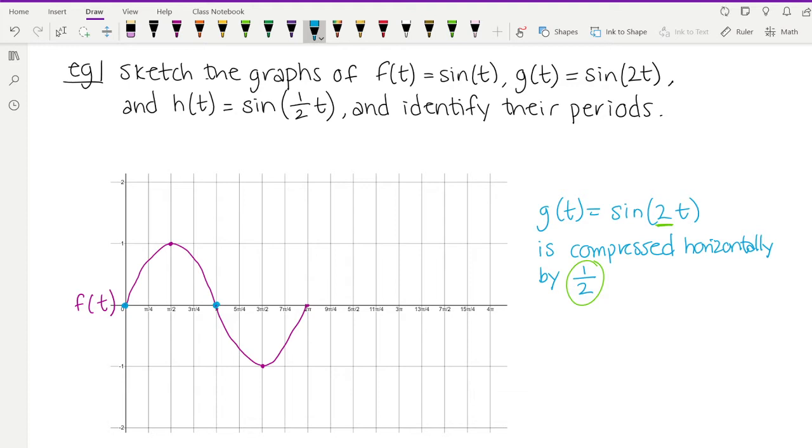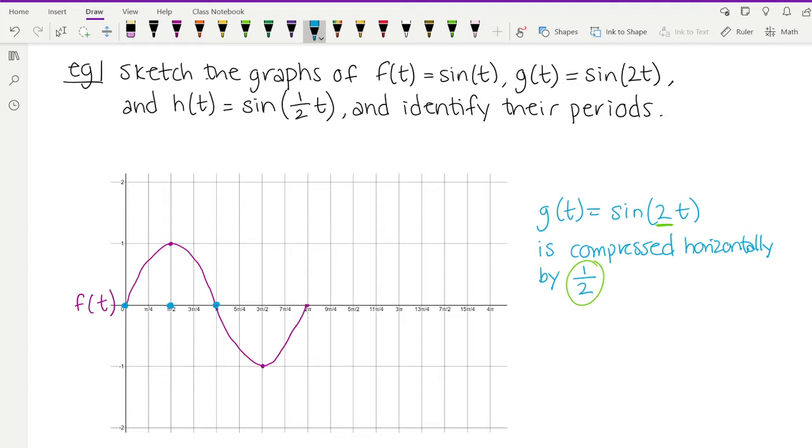And so this is where that whole symmetry idea comes in that I mentioned the last time. If you know what the general shape of sine and cosine look like, you don't have to get so fixated on calculating specific points. You can just use symmetry to fill things in. So we know that the graph of sine should go back through its midline halfway between the beginning and end of its cycle, right? So normally that's at pi. Here that would be at pi over 2. And then we know that if it hasn't been reflected vertically, it's going to go up first and then down.